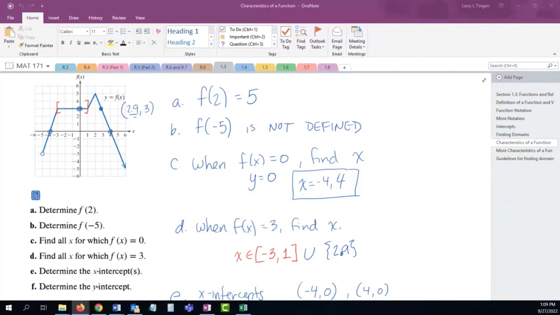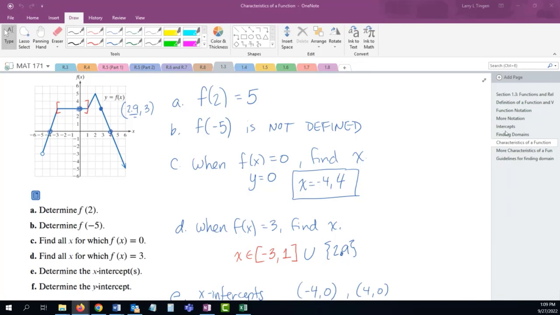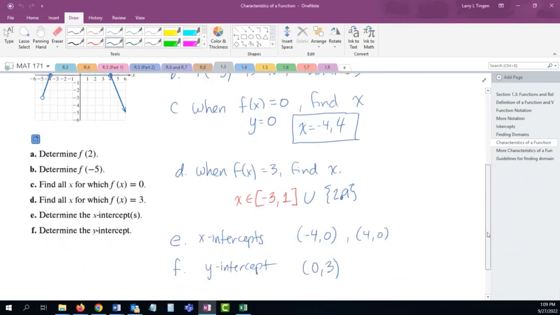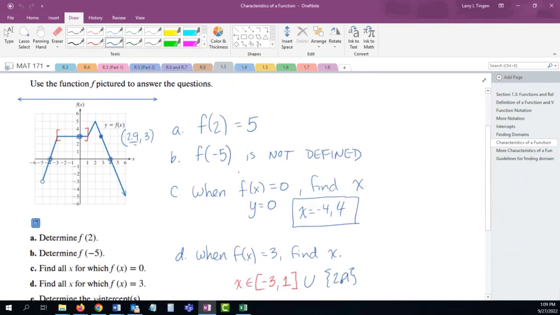And we'll pick up here at the end of 1-3. So the last page here was characteristics of the function, and then the next page is the same thing. I know I did this last bit very quickly, especially part D, when f of x equals 3, find x. We were right at the edge of class.